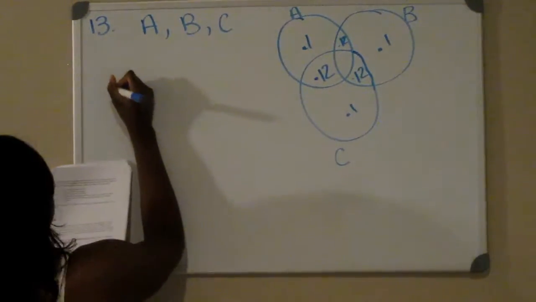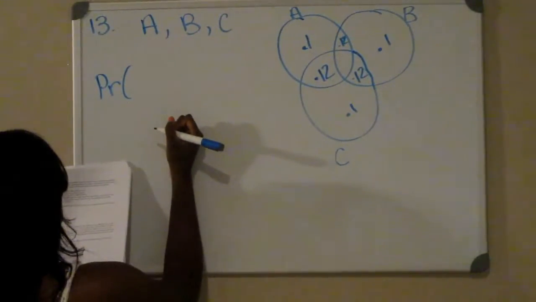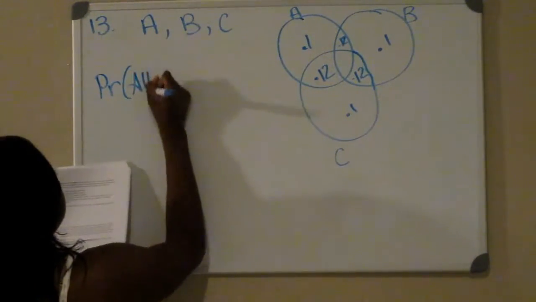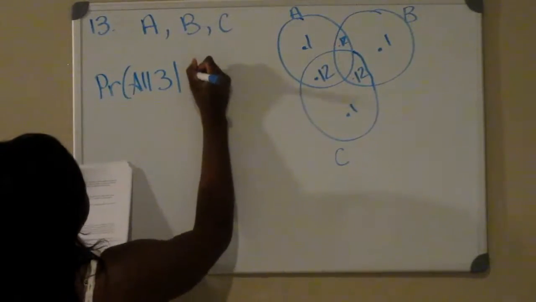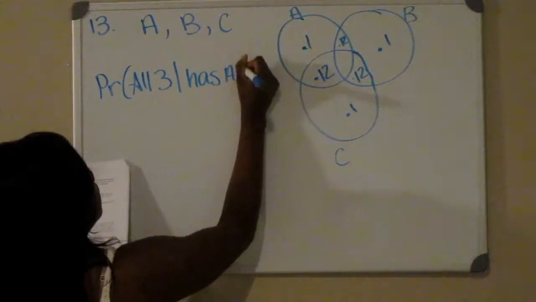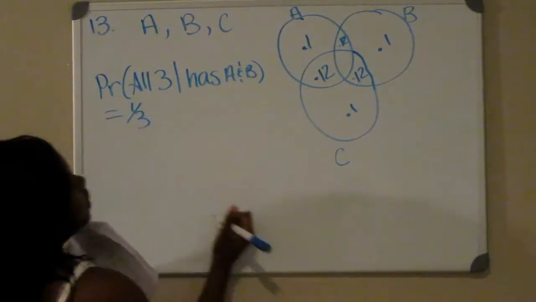So, given, probability that she has all 3, given she has A and B, equals 1/3. Okay?